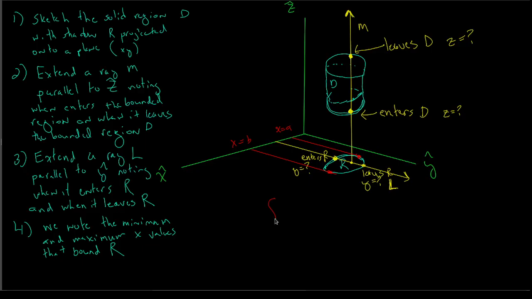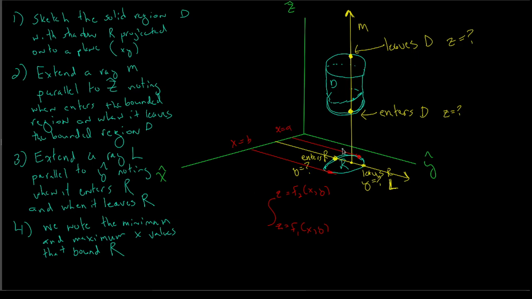So that part of the integral gives us z equals some function of x and y, right, some value here, and then it leaves where z equals some other function of x and y, whatever's determining the bottom cap and the upper cap.